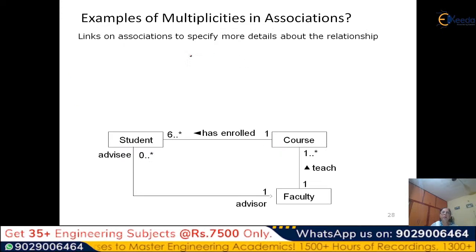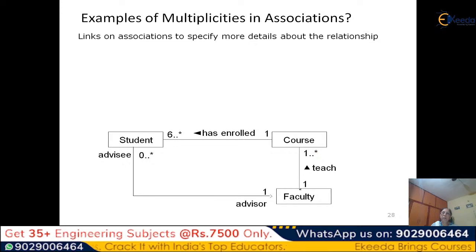You have examples of multiplicity in association. What is multiplicity? That means you are trying to say how many of these classes are related to this class. So if you say that a minimum of 6 or more are enrolled in one course, then you can write it like this.